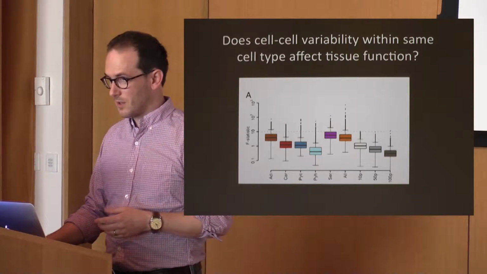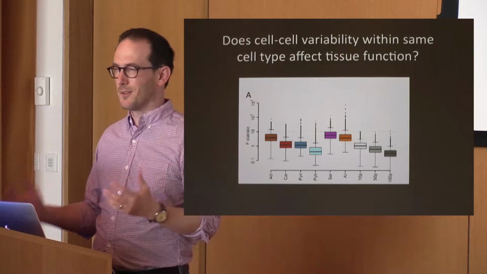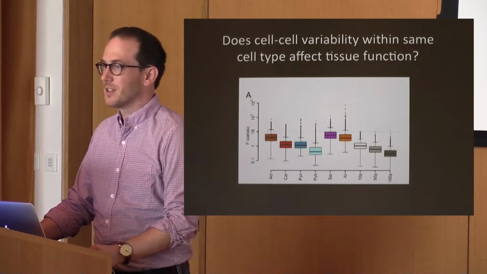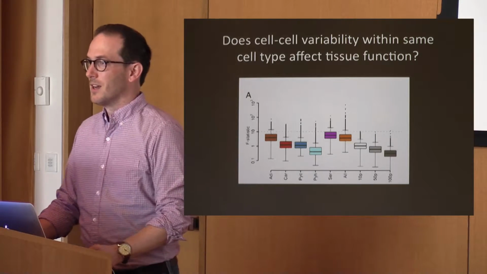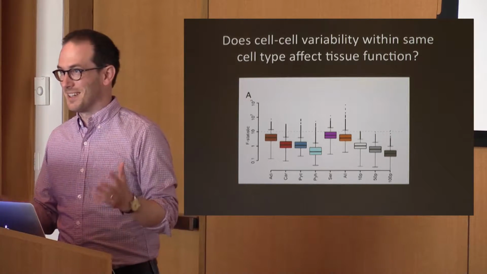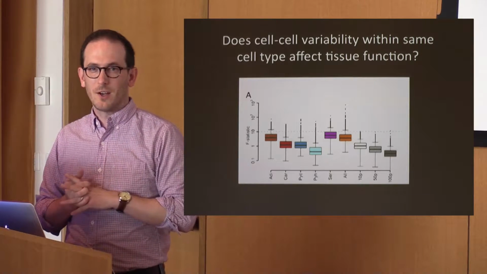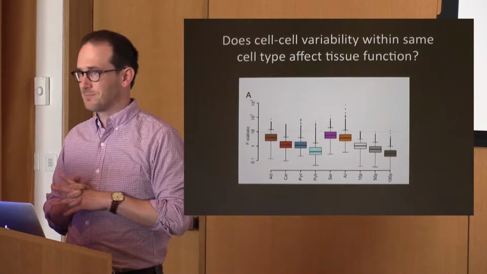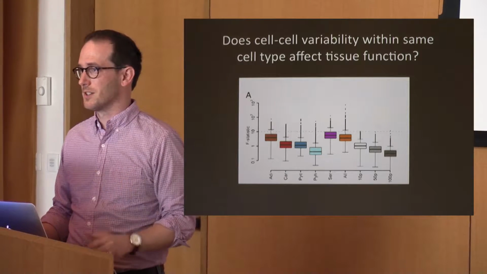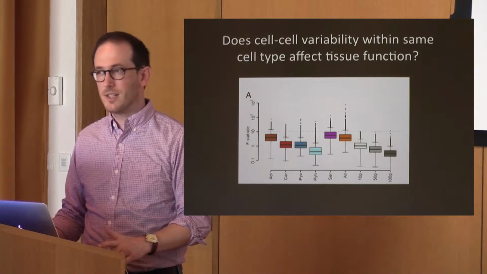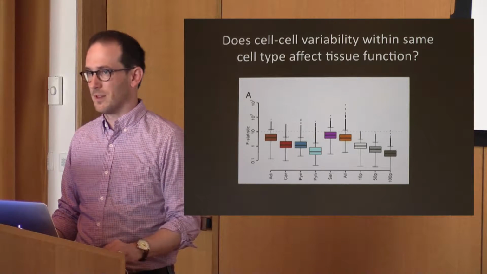If you're looking at cells that you might think are doing the same thing, neurons or heart cells being the cell type that they're supposed to be, there's perhaps a greater variability in at least the gene expression among those cells than might have been previously appreciated.